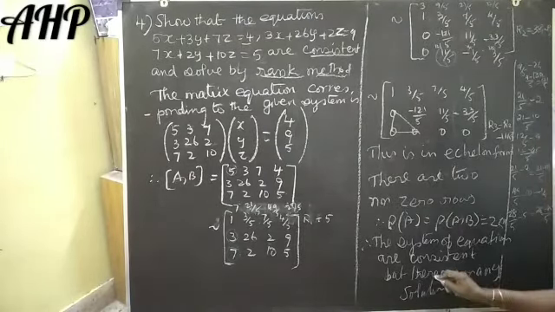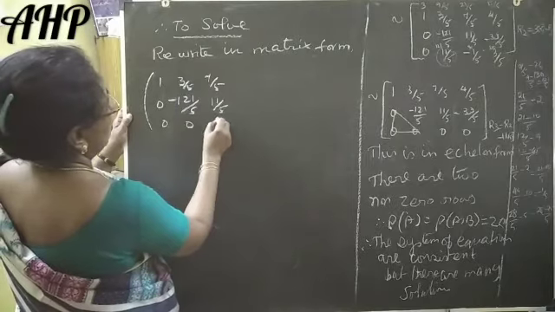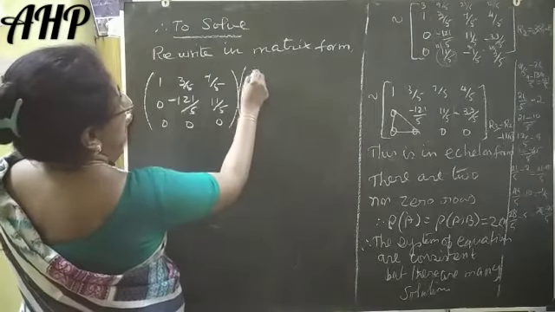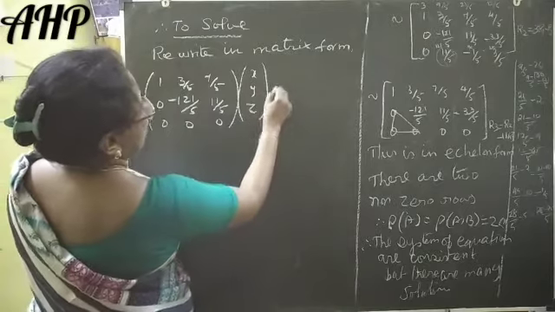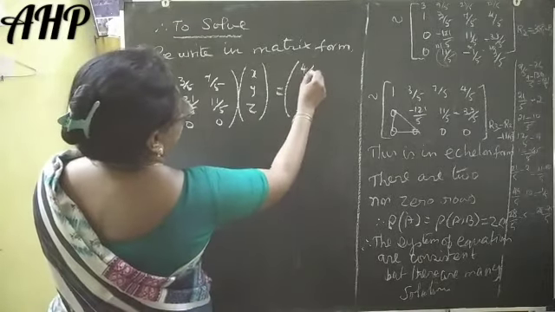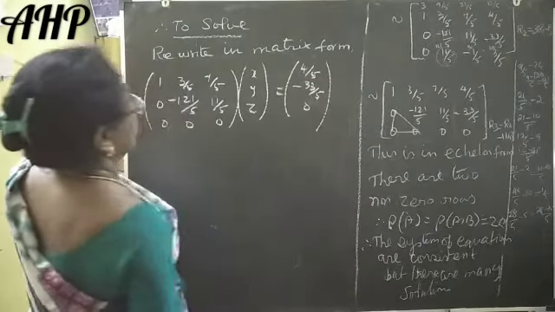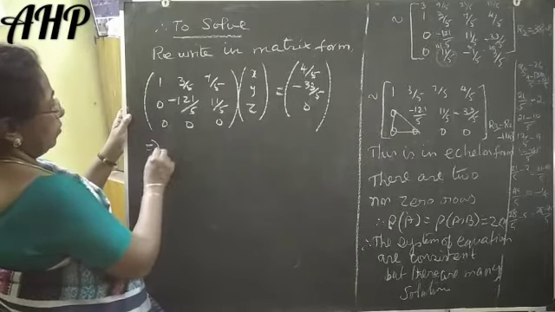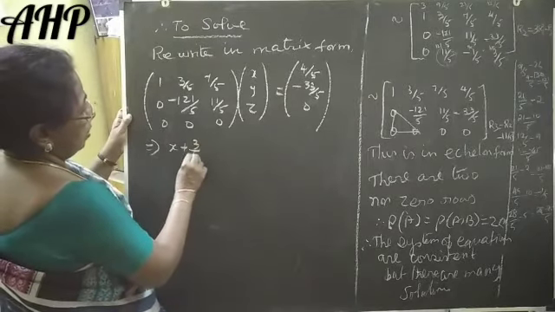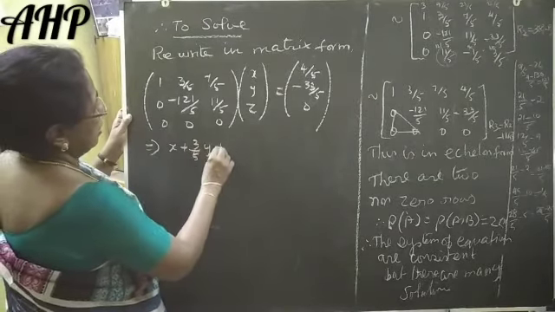What do we get? 1, 3 by 5, 7 by 5, 0, minus 121 by 5, 11 by 5, 0, 0, 0 into x, y, z is equal to 4 by 5, minus 33 by 5, 0. This gives you x plus 3 by 5 y plus 7 by 5 z is equal to 4 by 5.